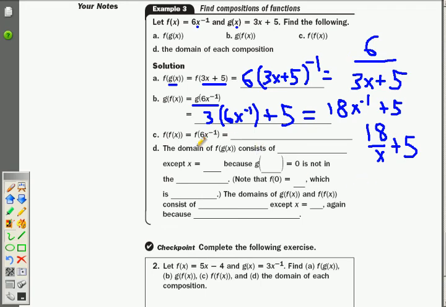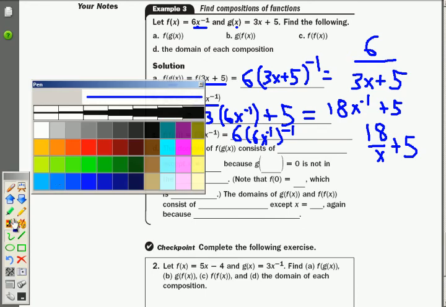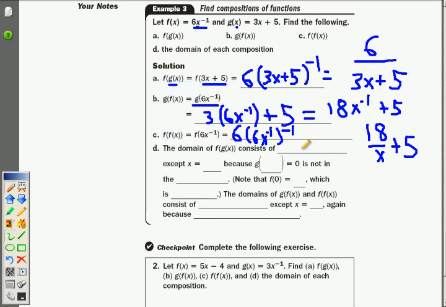If I want to find f of f of x, that means do the same thing twice. f of x is 6x to the negative 1, and so if I do 6 times f of x, which is 6x to the negative 1, and then that thing's to the negative 1. I'm going to change my ink real quick here, so we kind of separate those two questions a little bit.